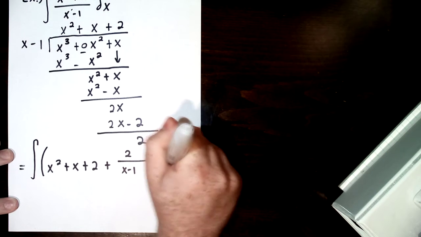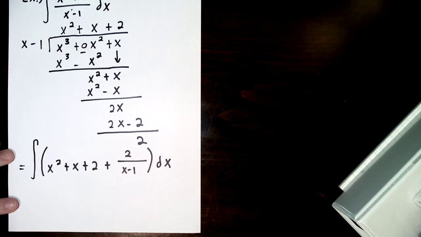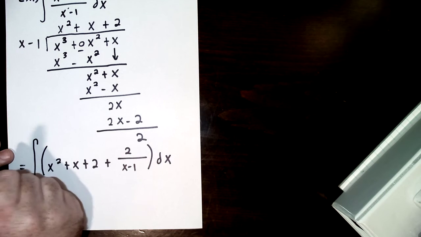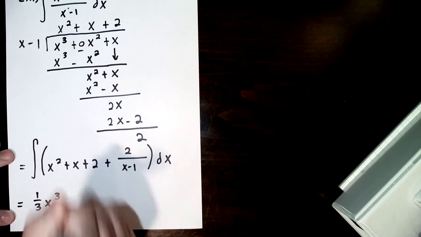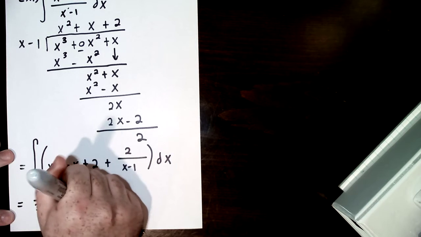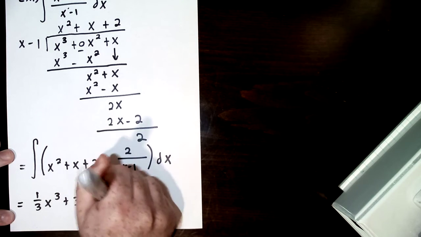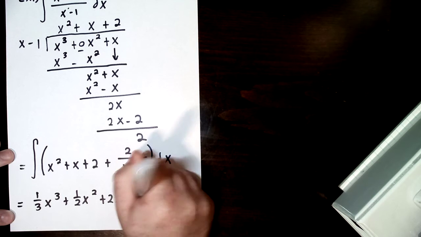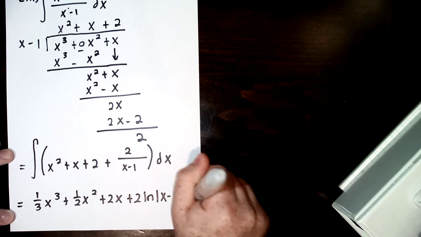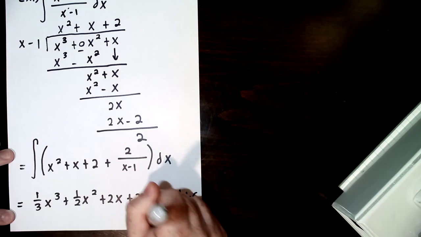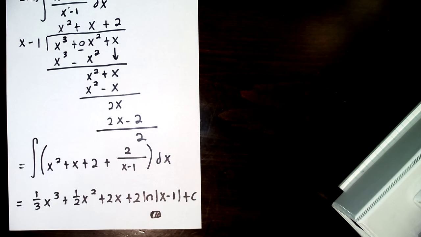But actually, this is a really easy integral to evaluate. This is simply going to be equal to 1/3 x cubed plus 1/2 x squared plus 2x plus 2 times the log of x minus 1 plus our constant. And that will be our answer.